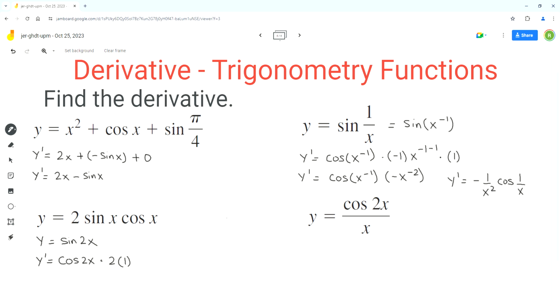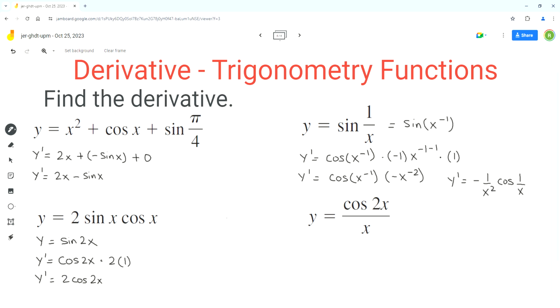So 2 is the coefficient of the term, so it will stay as it is, and the derivative of x is 1. Now we can rewrite this expression, so 2 times 1 is just 2. So this should be the final answer for the derivative of this third function.